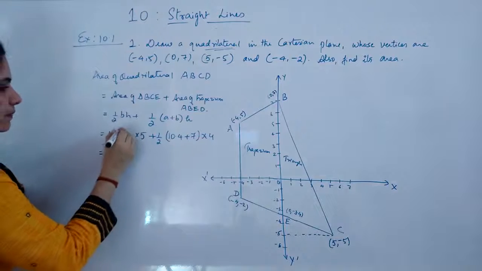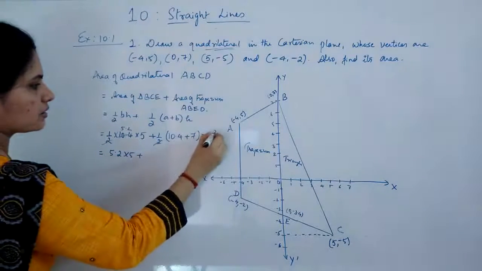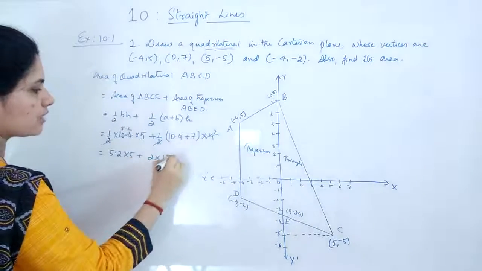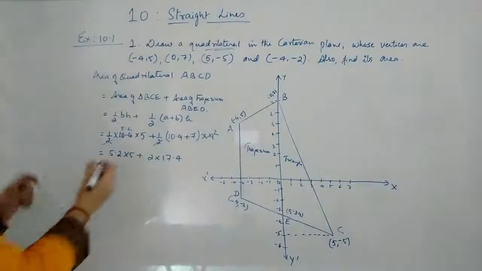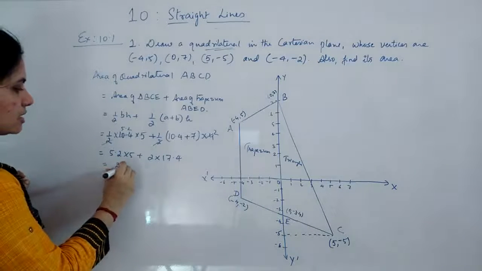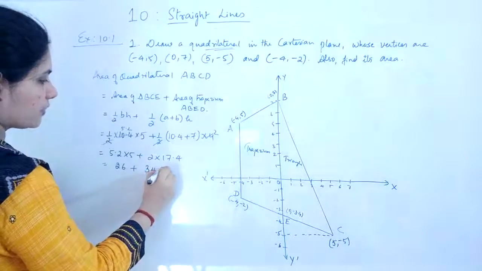So calculating this will give you the area of the quadrilateral. So it is half into 10.4 into 5, which is 26, plus half into (10.4 plus 7) into 4, that is 17.4, which gives 34.8.